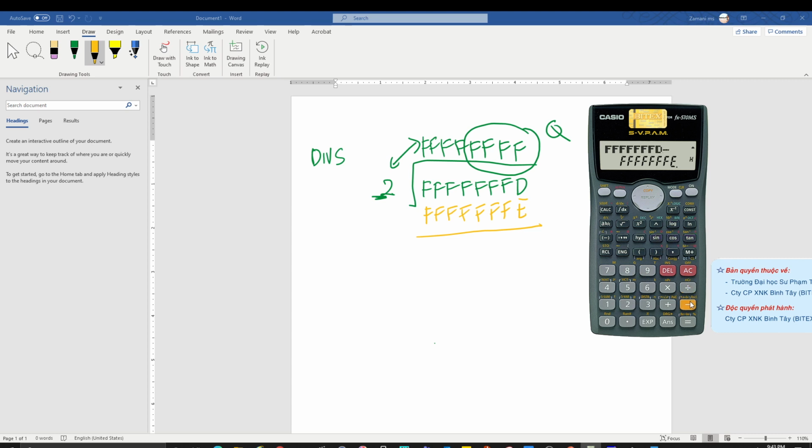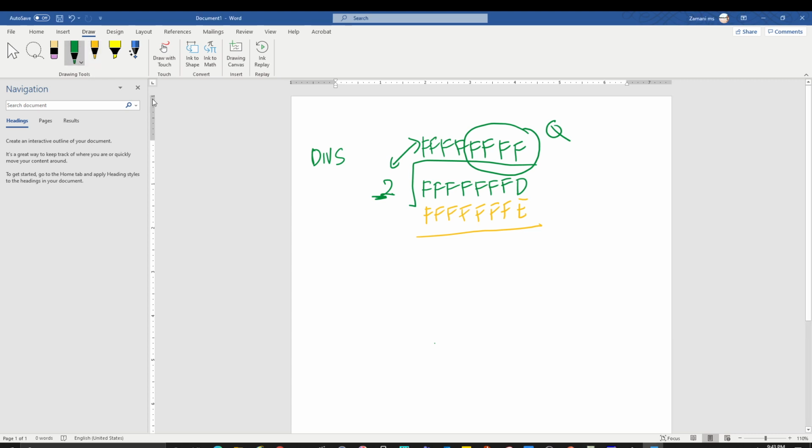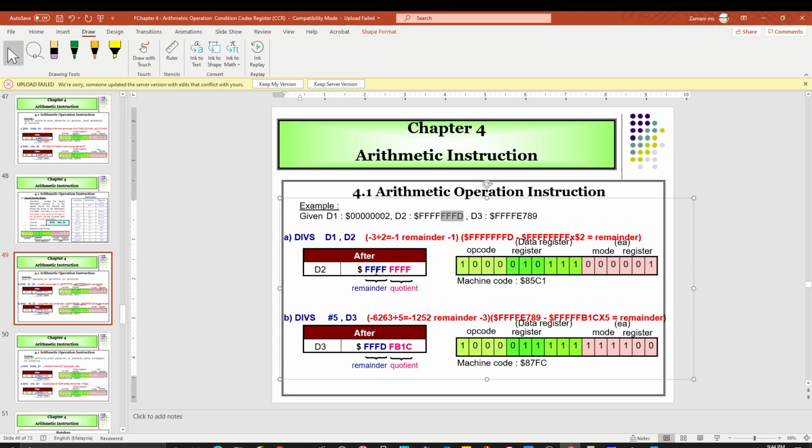FFFD minus this answer, then you can get the result is also all FF. And coincidentally the last 4 is the remainder. So the answer will be FFFF for the quotient. Okay, so the rest is the same.